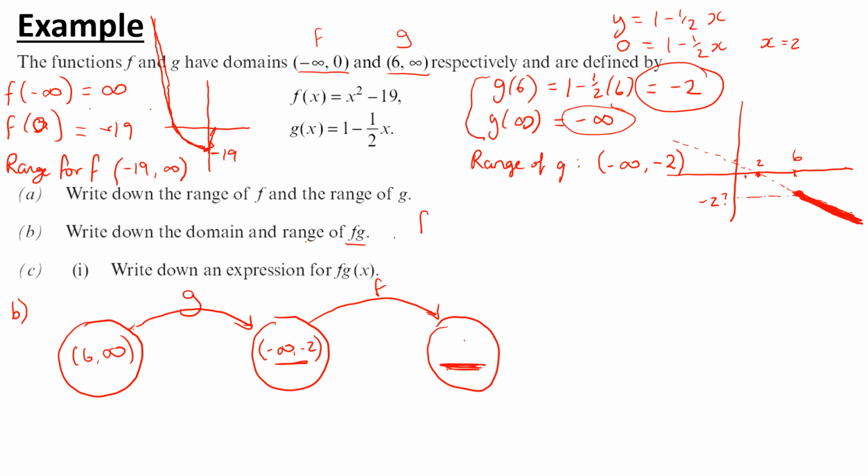So as a side note, let's work out what f of -2 would be. If I put -2 into function f, square it, take away 19. So that's 4 take away 19. That's minus 15. So the output would be minus 15 to infinity.